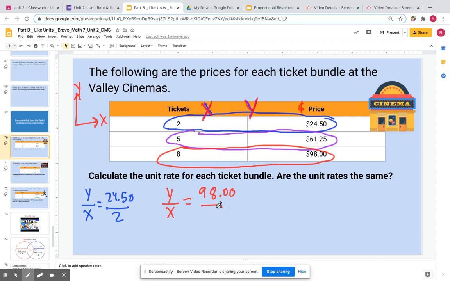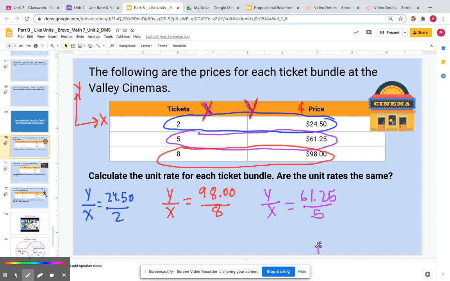I didn't have to go in this order, by the way. I just did red and I just went with it. And then the middle one, it's Y over X, the same thing. Y is 61.25 over 5.